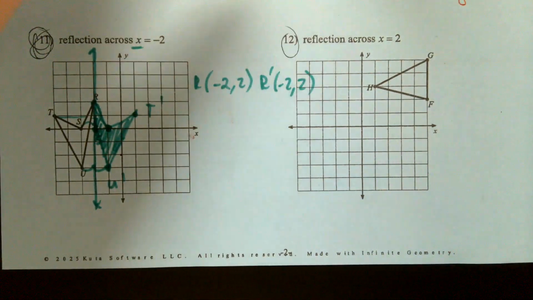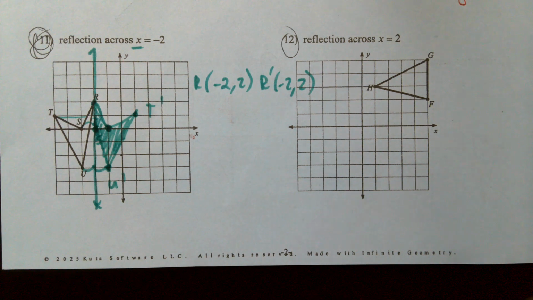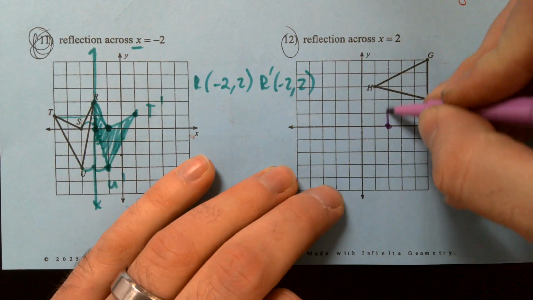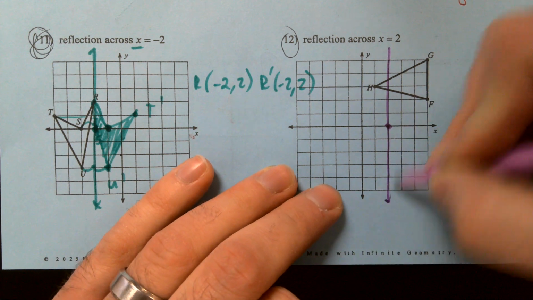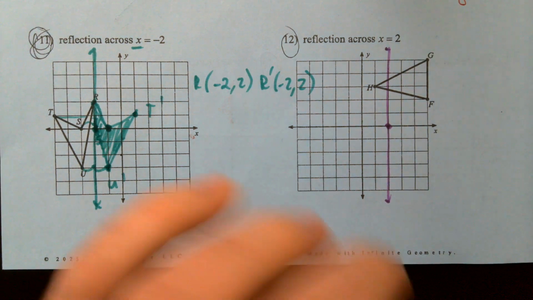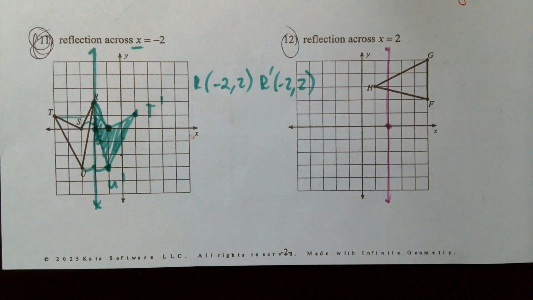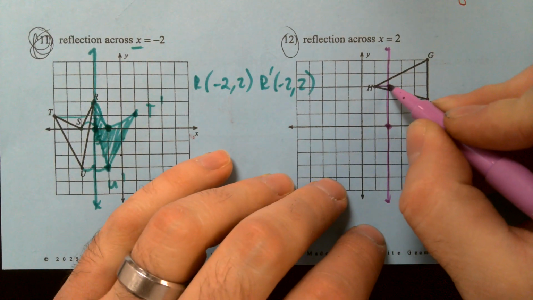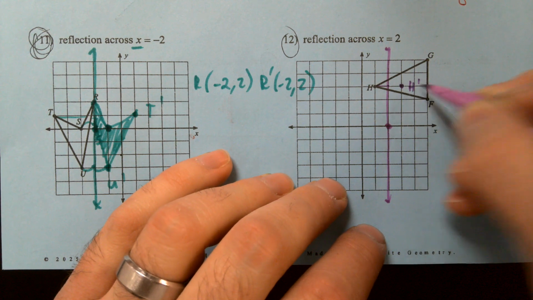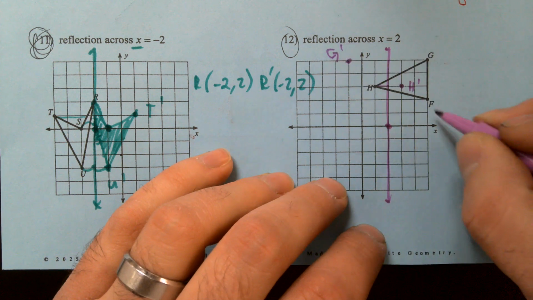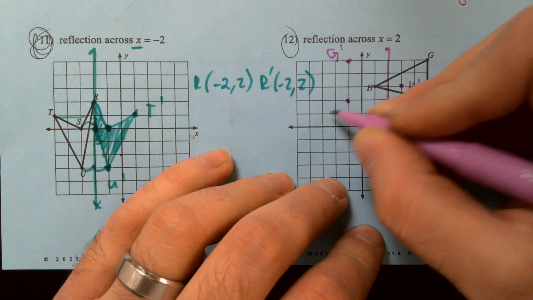All right. And then just for fun, number 12, x equals 2. It's going to be right there. Vertical line going through. Right? Now, this is where we're going to have kind of an overlapping reflection, which is totally fine. H is one space away, so we'll do H prime. G is 3, I'll go 3 more. F is 3, I'll go 3 more.